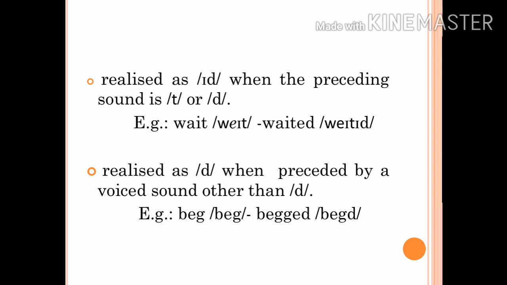That is, it is realized as id when the preceding sound is t or d. Again, the past tense morpheme ed is realized as d when preceded by a voiced sound other than d.